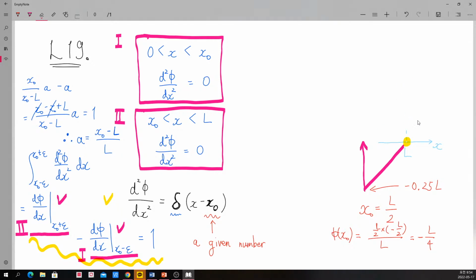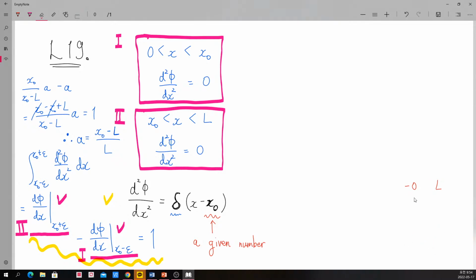Then now let's move to the analogy to the discretized system. Now you know the analytic solution. Of course that was possible because the equation was so simple.